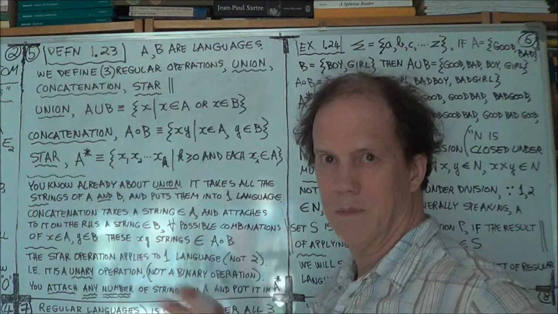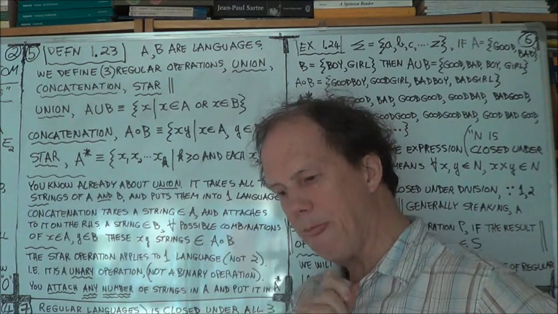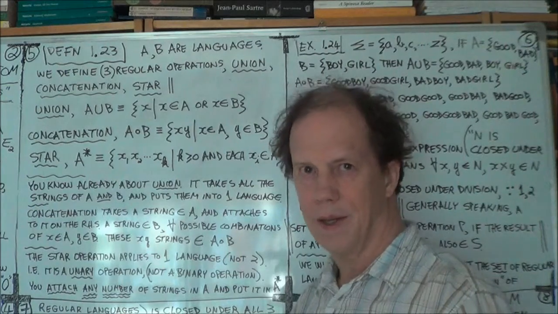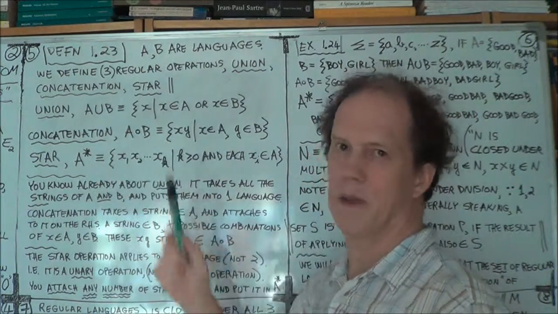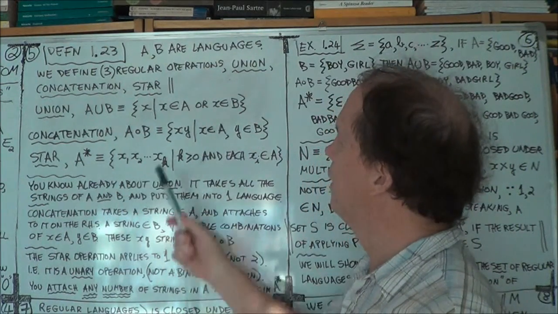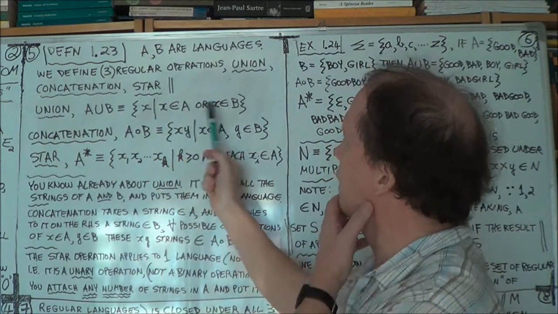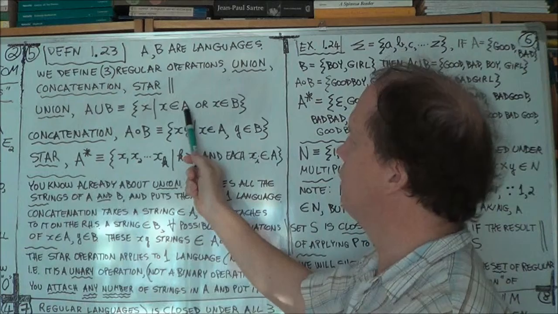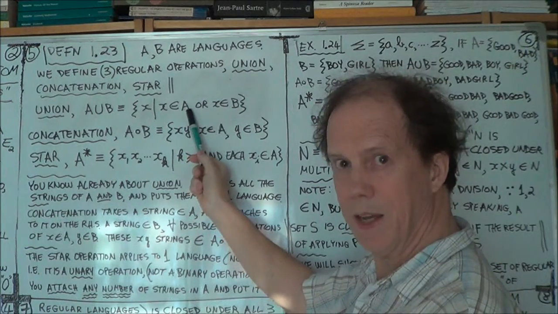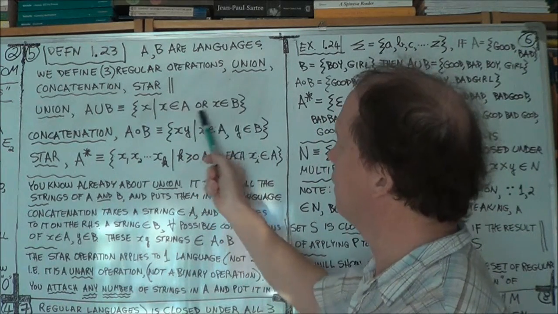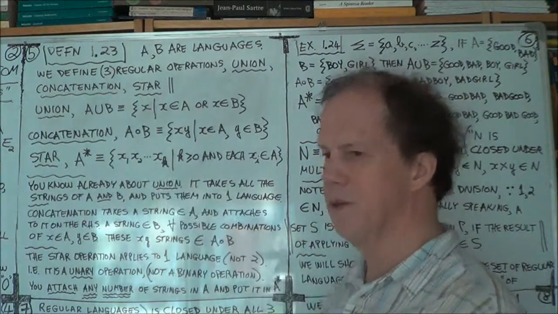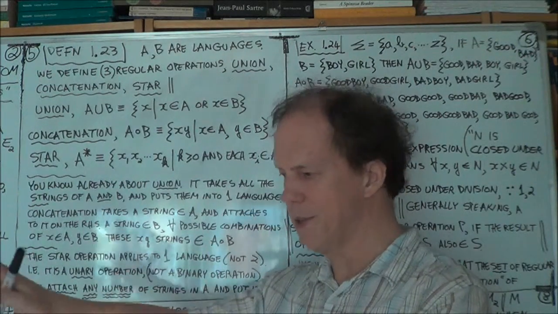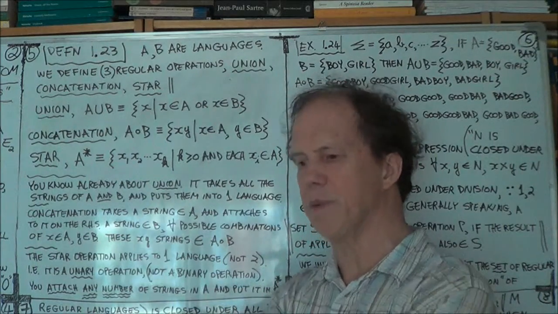Now from chapter 0, where we talked about properties of sets, you'll be familiar with the concept of a union. If you just think of A and B as sets, then x is a member either of set A or of set B. So the union of 2 sets is you take the elements of one set and the elements of the other set and you just put them together.